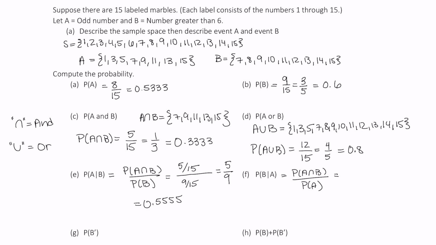And again, the probability of A and B is 5 over 15. The probability of A is right here at 8 over 15. So this is 5 over 8. As a decimal, this is 0.625.